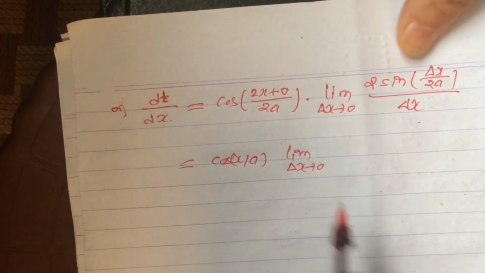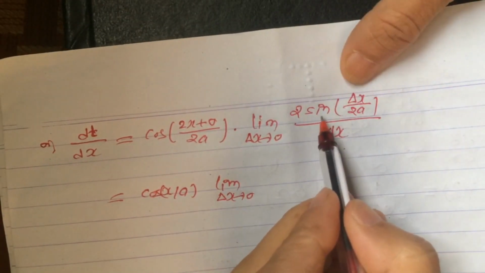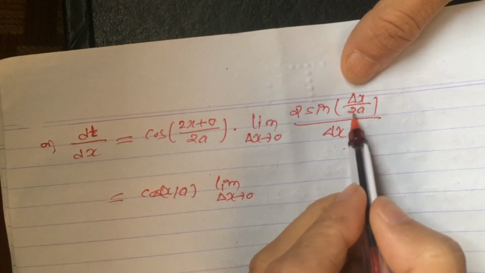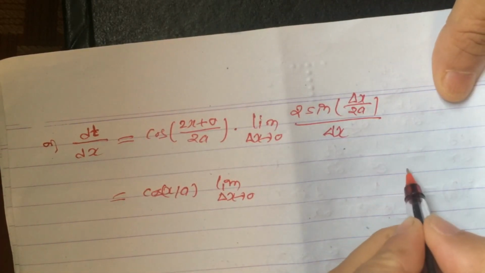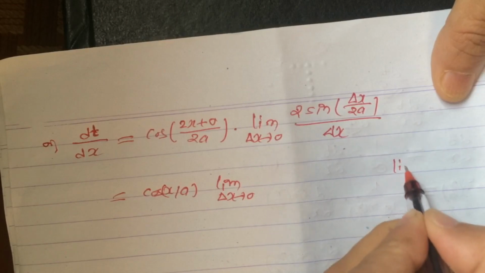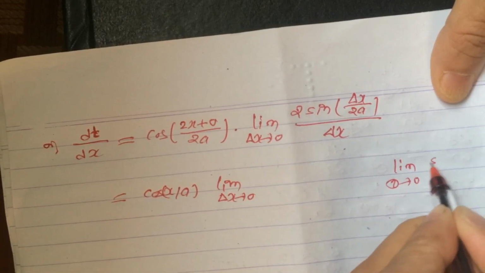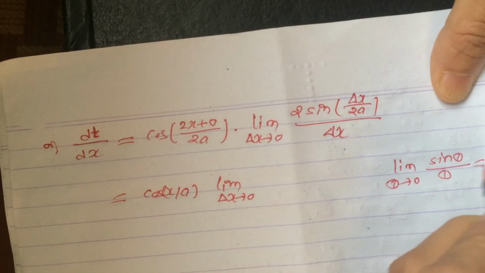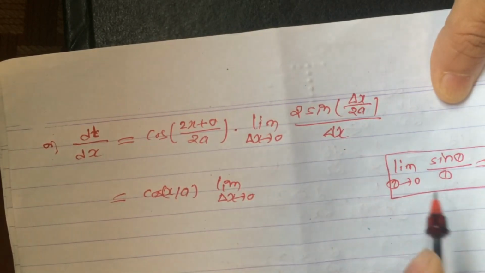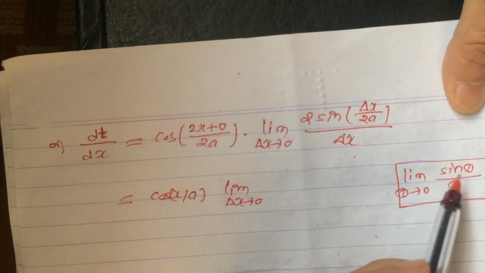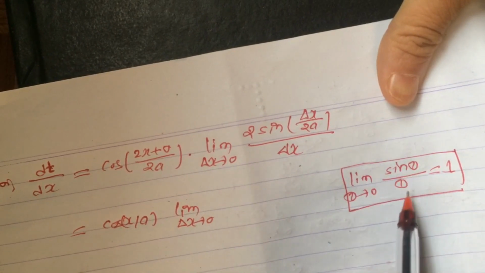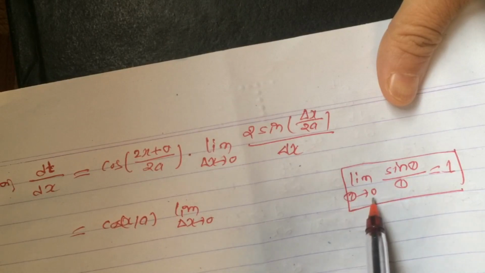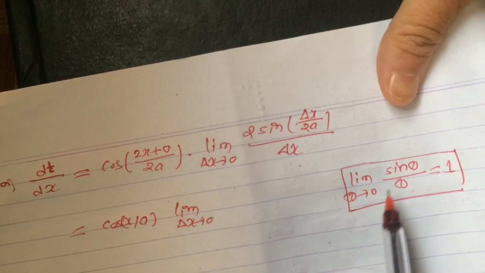Now you have to arrange this. There is del x by 2a inside the sine function, and you have to convert it to the standard relation, limit theta tends to 0 of sine theta divided by theta is equal to 1. Inside sine this is theta, and the denominator is also theta, and theta tends to 0. So you have to convert this in the same way.